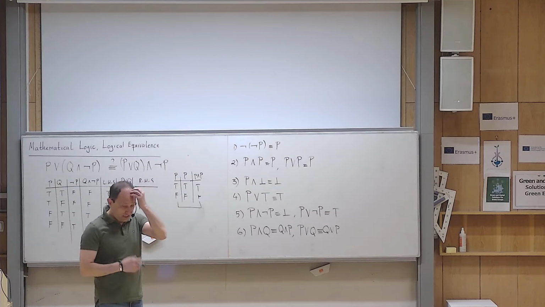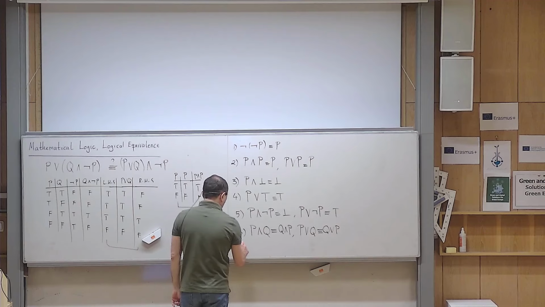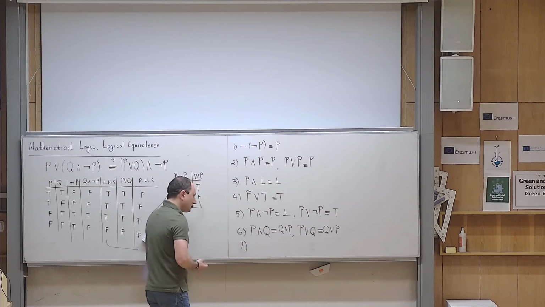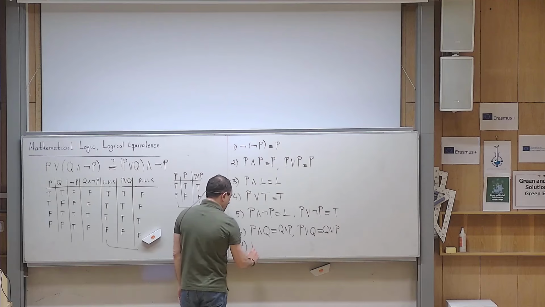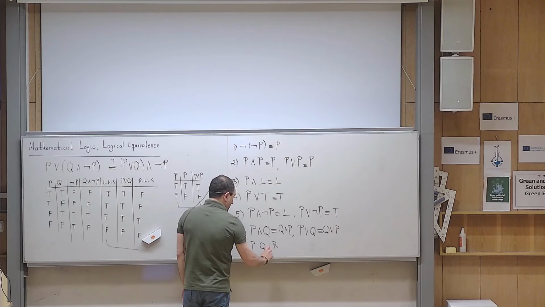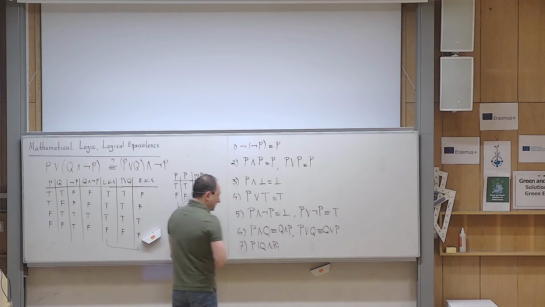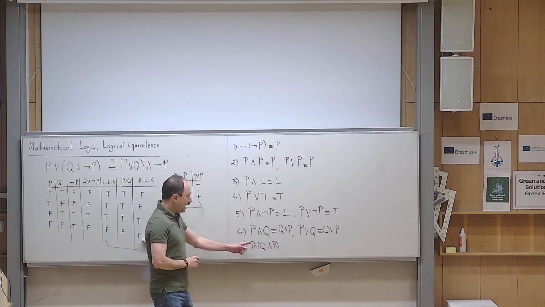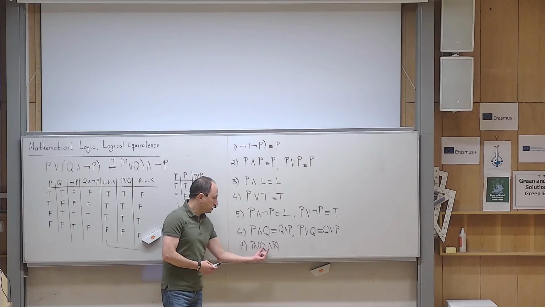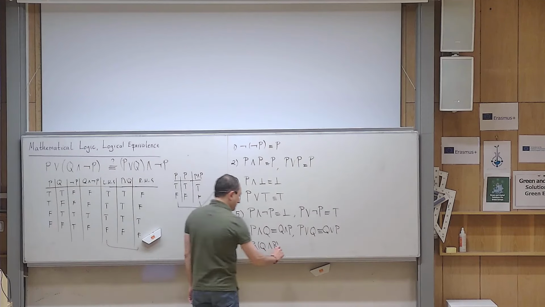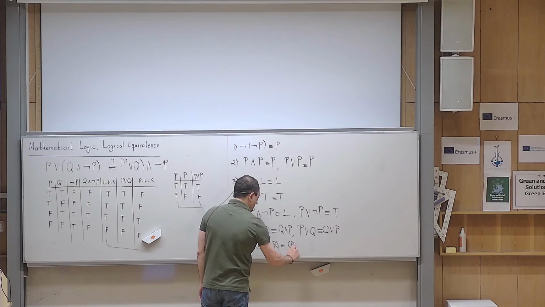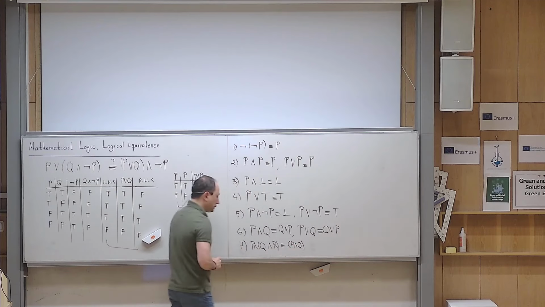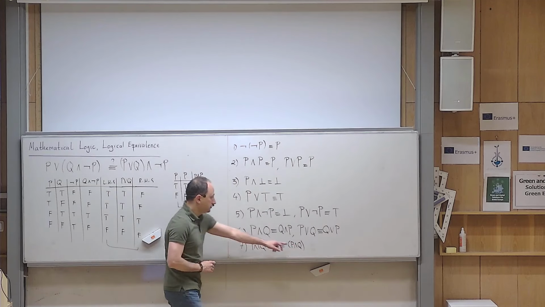So do you think there is associativity involved here as well? The answer is yes. So what does it mean? It means that if I have 3 propositions, it doesn't matter how I group them. So P and with the result of Q and R is the same as if I write the first 2 in a pair of brackets, if I prioritize the first and over the second and.